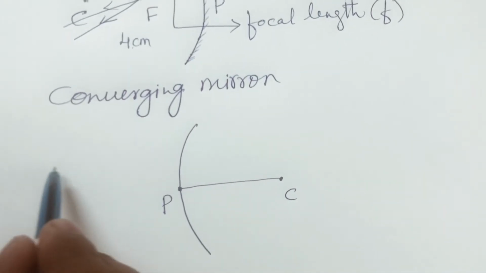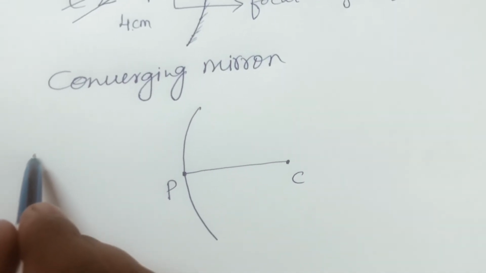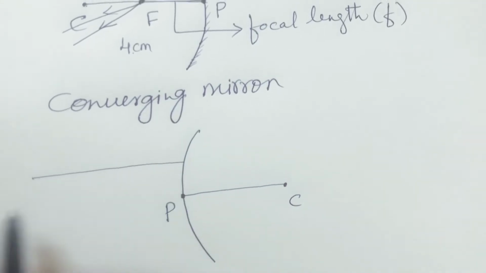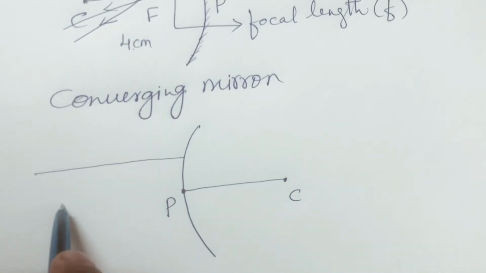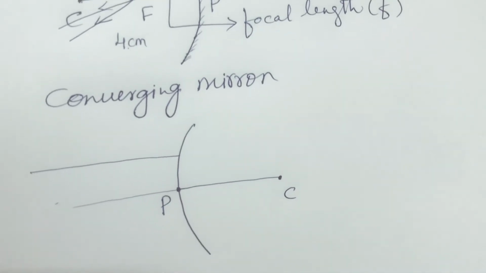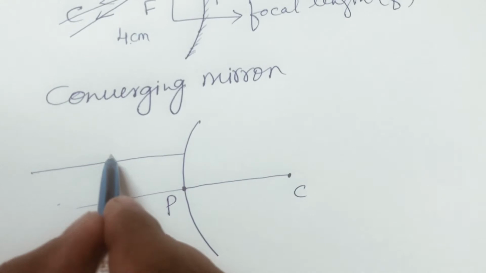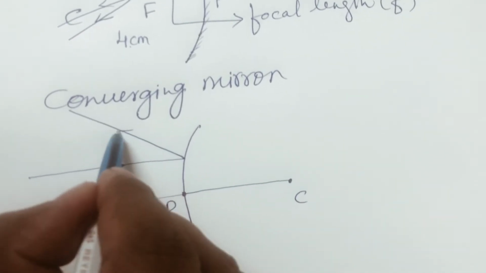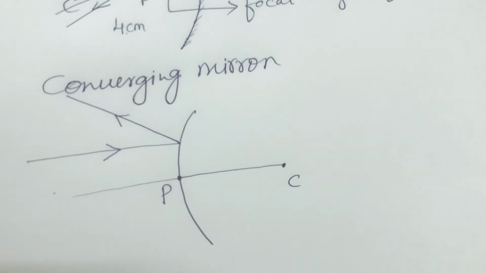Now what will happen? This is the incident light ray which is coming parallel to the principal axis. You can extend the principal axis like this, no issues. After hitting the mirror, this light will go like this. This is the reflected light ray.